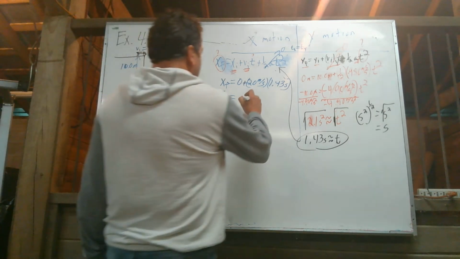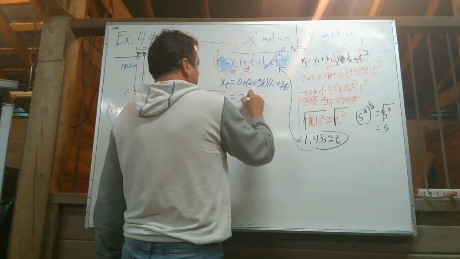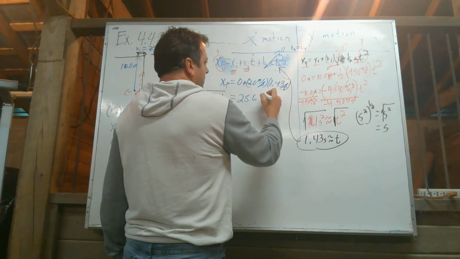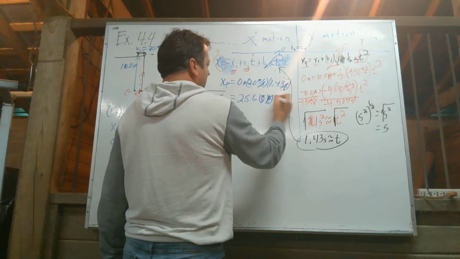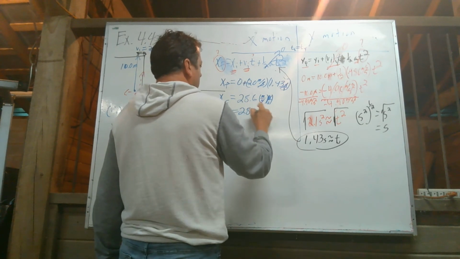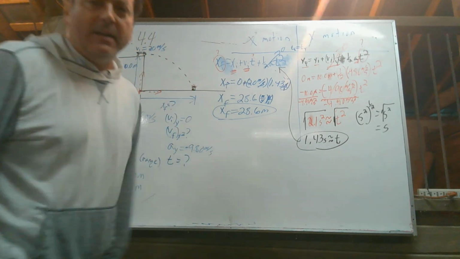Woohoo! And the seconds cancel. So 28.6 meters per second times seconds over 1, the seconds cancel, 28.6 meters. We know how far away he lands from the cliff.